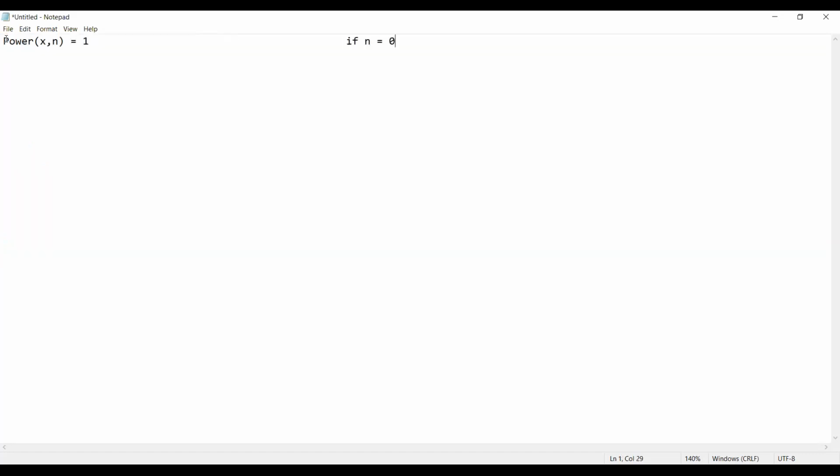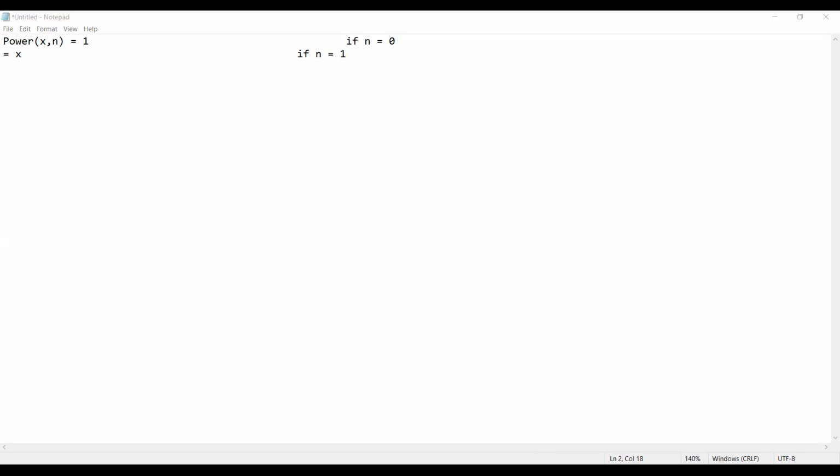Now we have to write down this condition. Now, this value is x if n equals 1. So in the second condition we have to write down this.